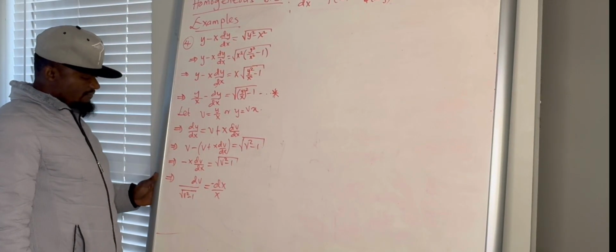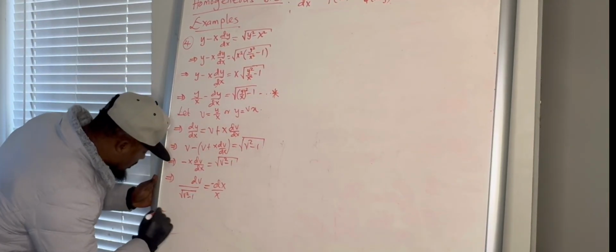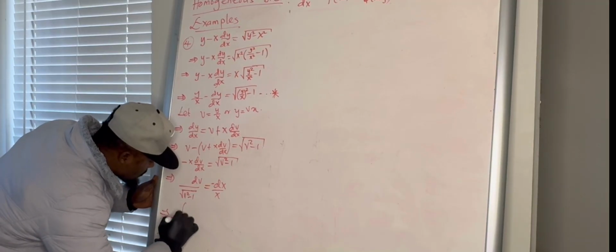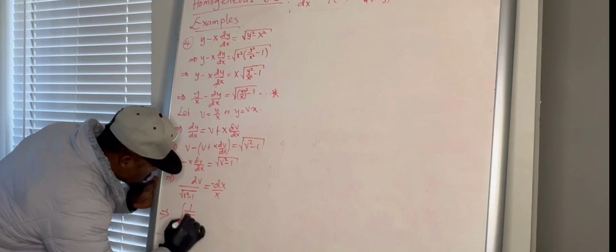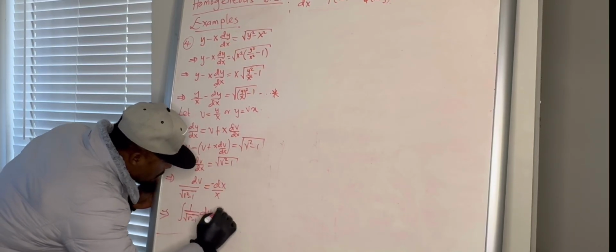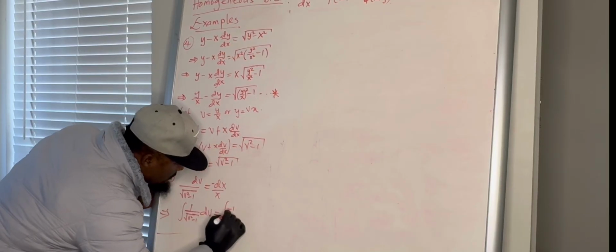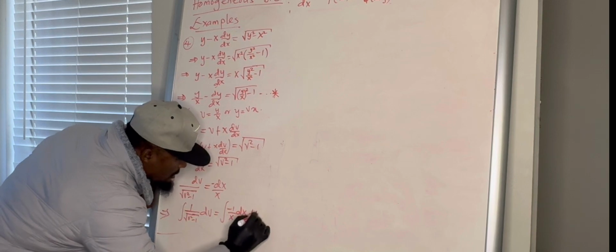Now I have separated the variables. I can apply integral signs on both sides, and I'll have the integral of 1 over the square root of v squared minus 1 dv equal to the integral of negative 1 over x dx plus k.